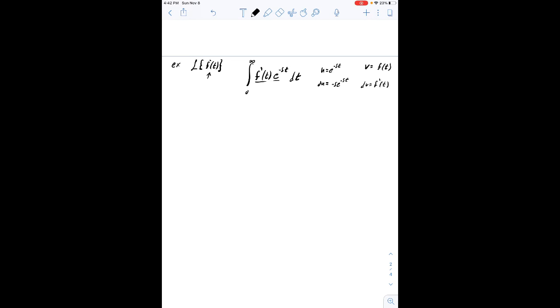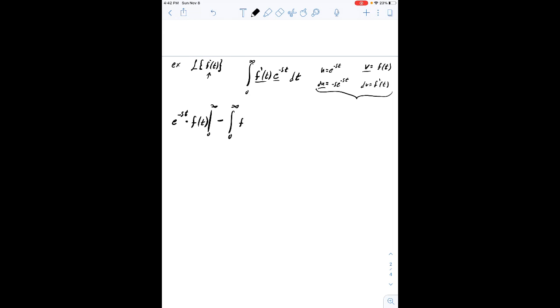Okay, so now plugging this stuff into our integration by parts equation, we have u times v evaluated from 0 to infinity minus the integral of v times du.